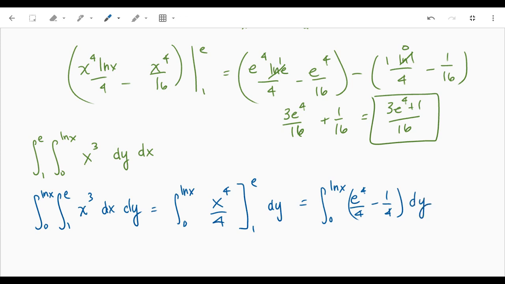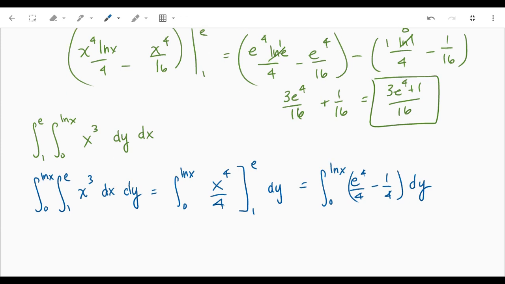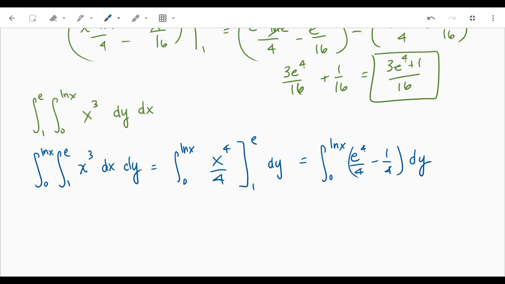And then those are constants, right? So then we would have e to the fourth minus 1 over 4 times y, evaluated from 0 to the natural log of x. There's where your problem is, where you would plug that natural log of x in for y.